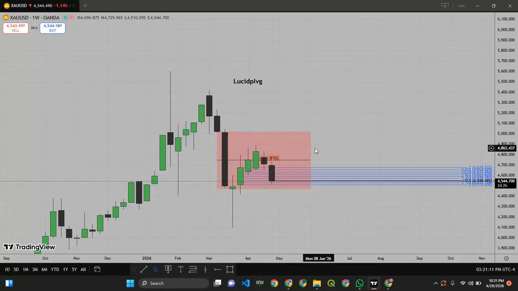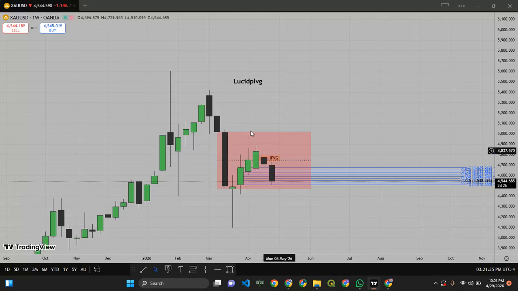That is a fair value gap. We have two types of fair value gaps, the one to the buy side and the one to the sell side. And we also have an inversion fair value gap. What do I mean when I say that? I'm going to go through that when I get to the daily time frame.